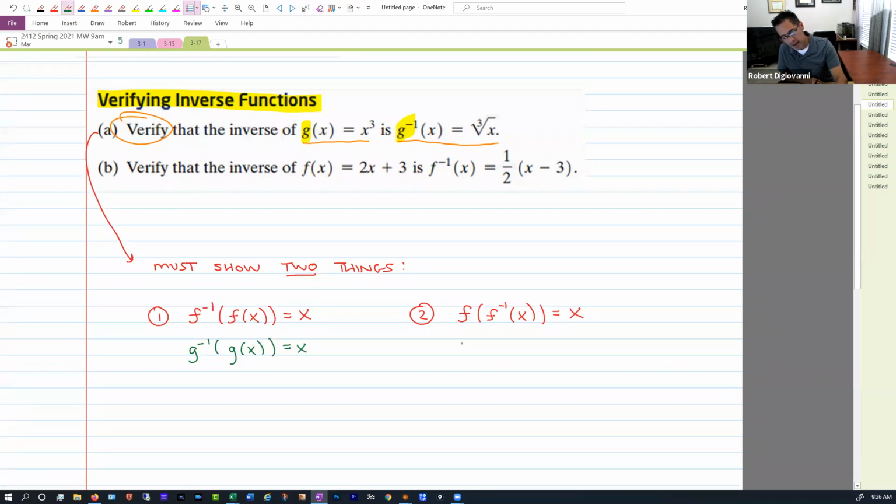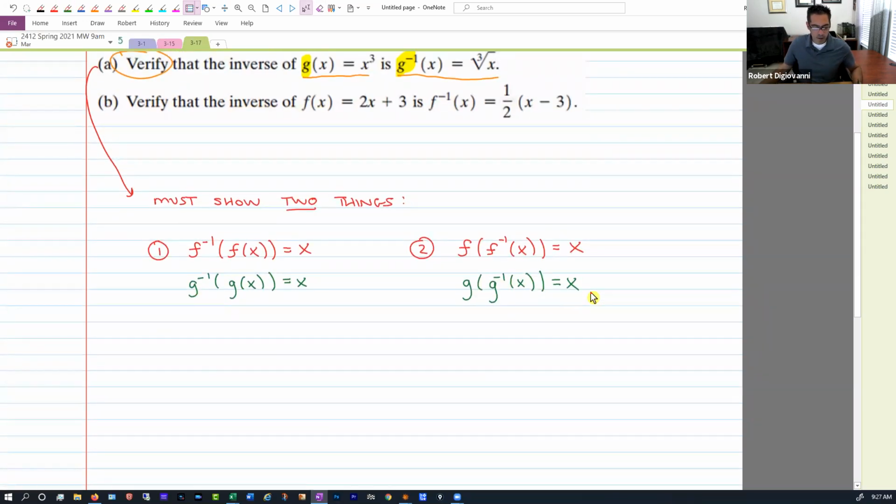So we need to show that, and then we need to show this. So let's do this first one. The first one is saying I take g inverse, and inside of it I do g.